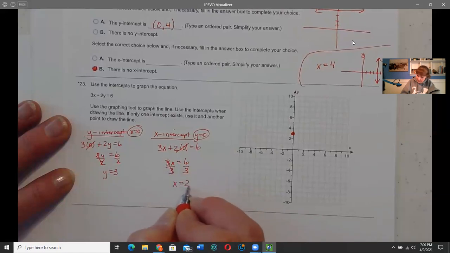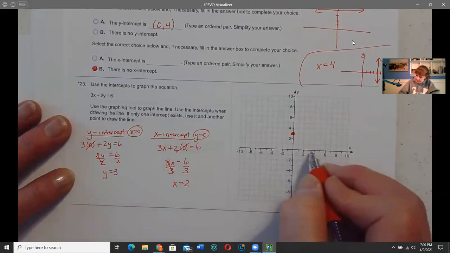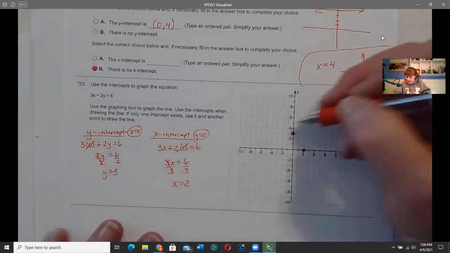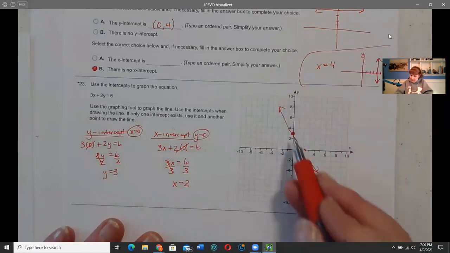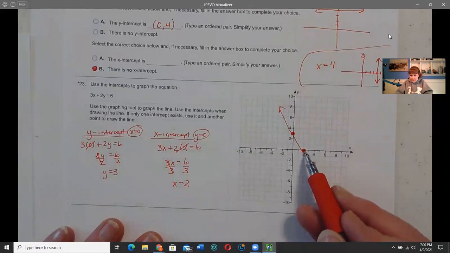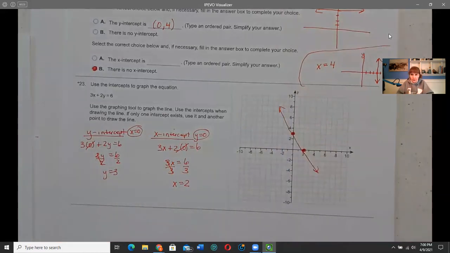X equals 2. So it's going to hit the x-axis at 2. You put your cursor there, and MyMathLab will just draw this line in. So you put a point there, and then a point right there on 2, and it'll draw it in for you, and then you save it. But that's how you can use the x and y intercepts to graph.